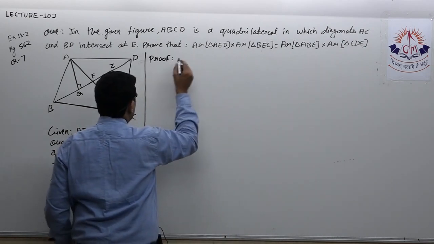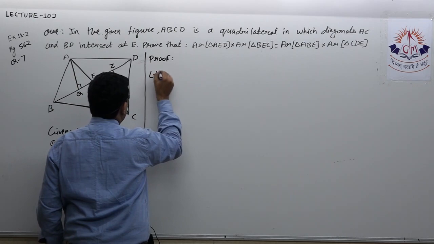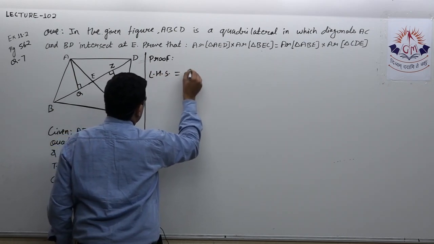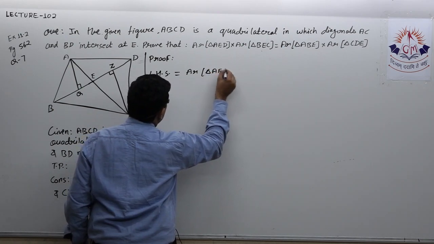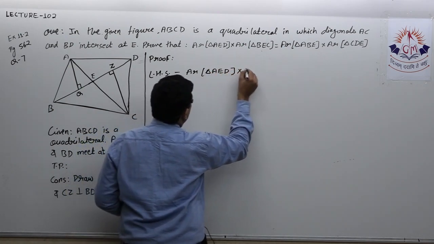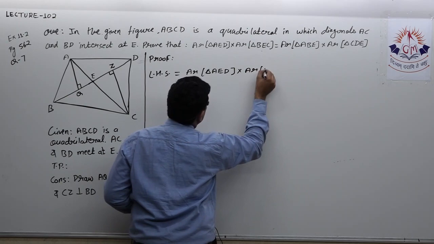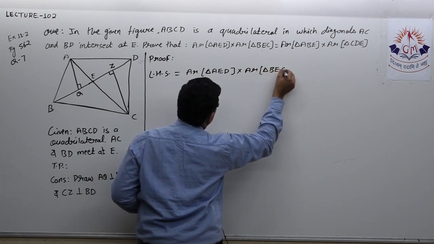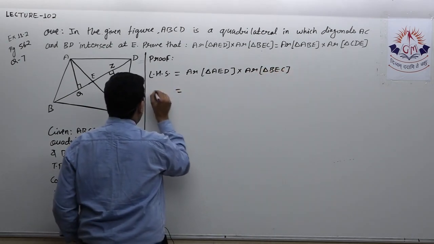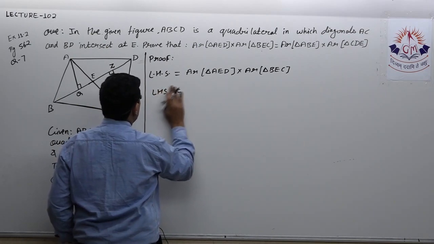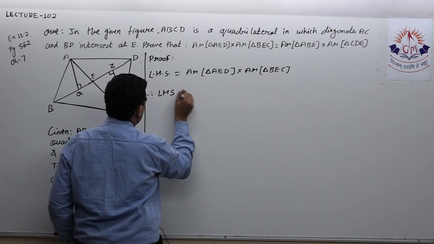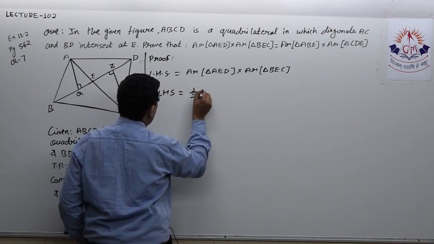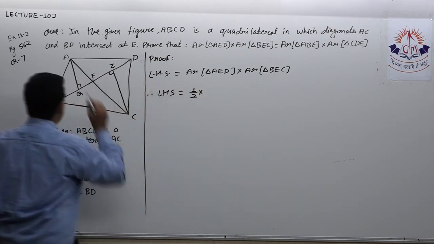So I will start from the left hand side. LHS: area of triangle AED multiplied by area of triangle BEC. Now according to the formula of area, this left hand side will be 1 upon 2 into base.